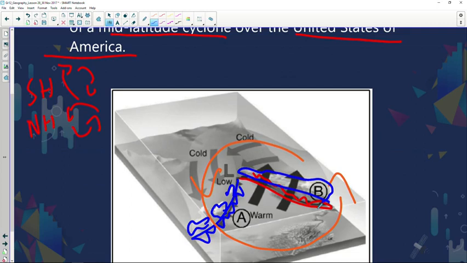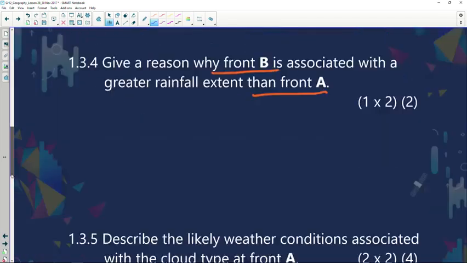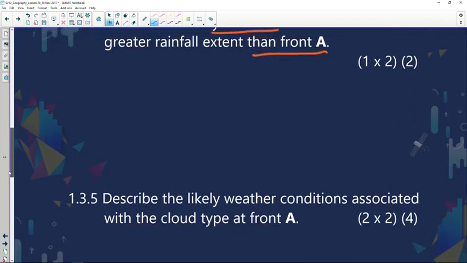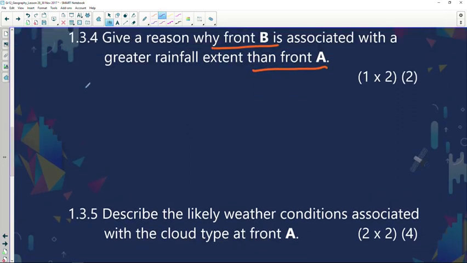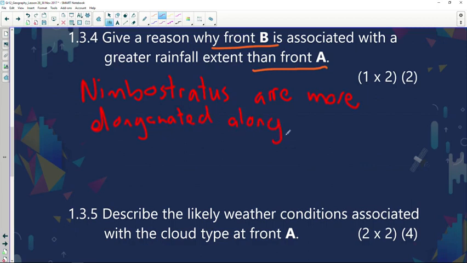And look at the extended area of cloud cover over there at the warm front. Now the reason for that is that nimbostratus clouds form at the warm front, and we can mention that nimbostratus clouds, nimbo meaning rain, are more elongated along the front, and that creates more widespread rainfall.